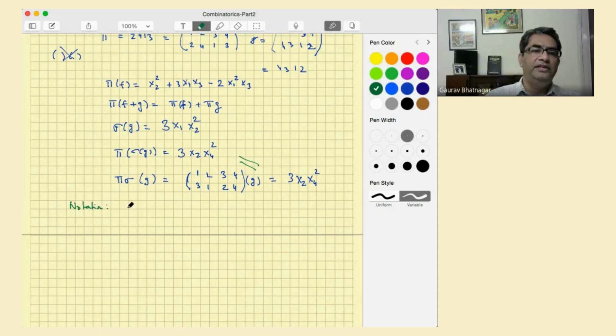So one can verify very quickly. Here is a notation: I use Xn for x1 to xn.